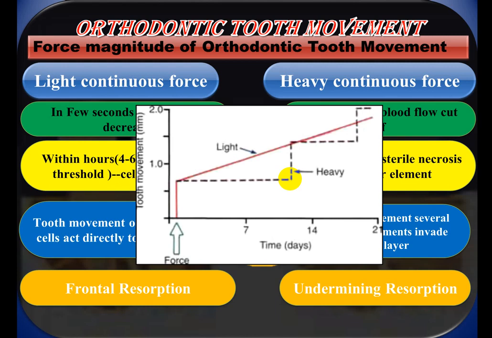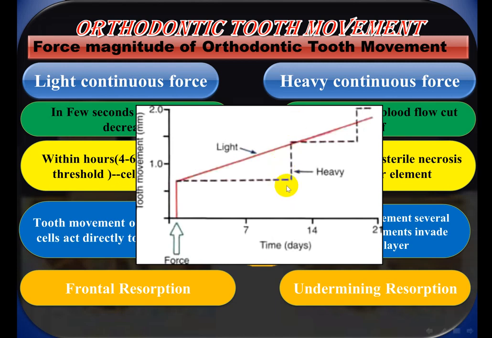The osteoclast cells differentiate from the undermining side of the adjacent bone, from the marrow space, and need time to remove the considerable thickness of bone until they reach the hyalinized area in the compressed side of the PD ligament surrounding the tooth.